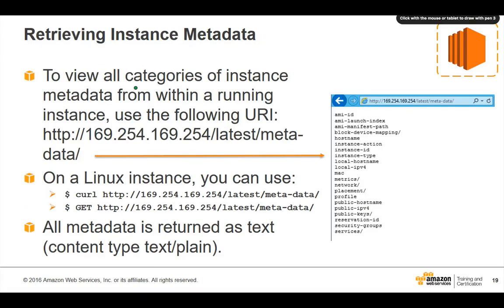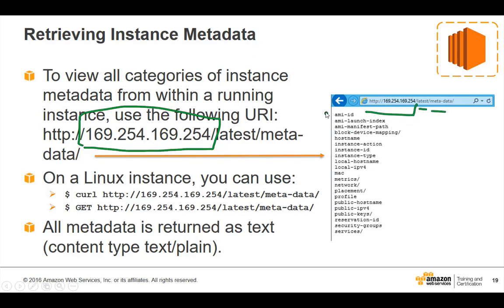I'm not going to get into the weeds on this, but all you need to think about is that that is the IP address that you use when you're on your machine. If you go into your machine, maybe on a Windows box, and you go to that URL here, you can then go into the metadata and find out all the information on your machine.